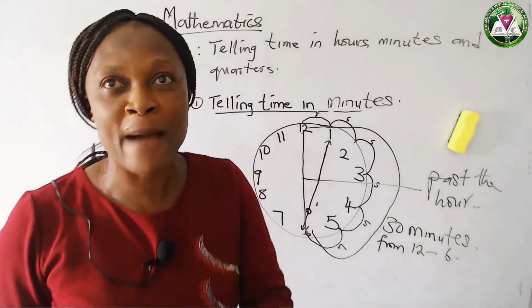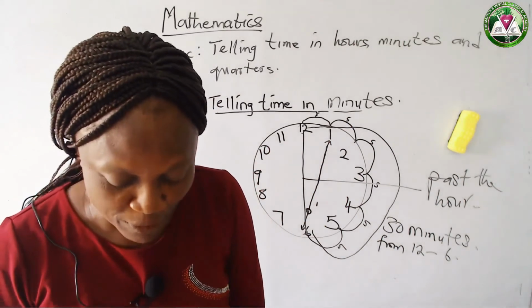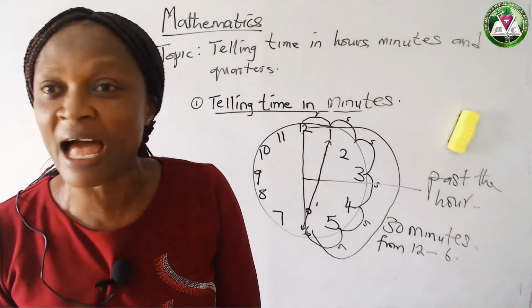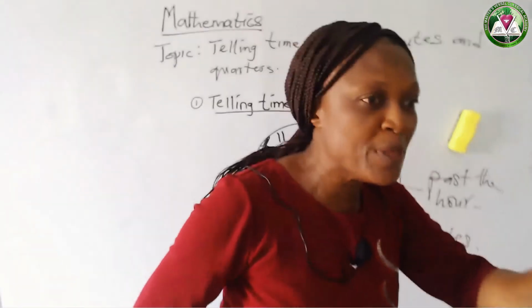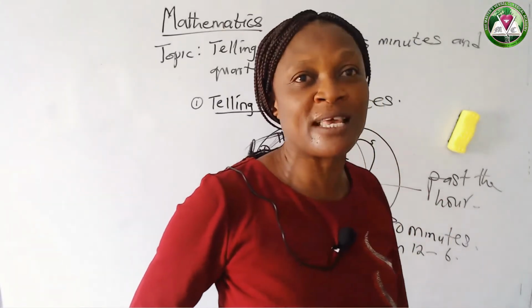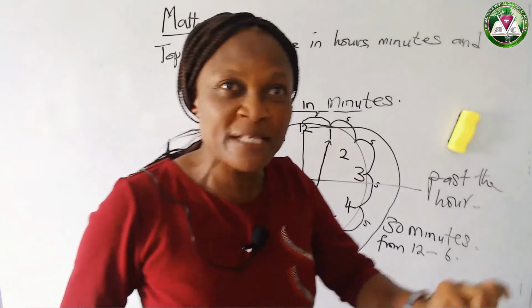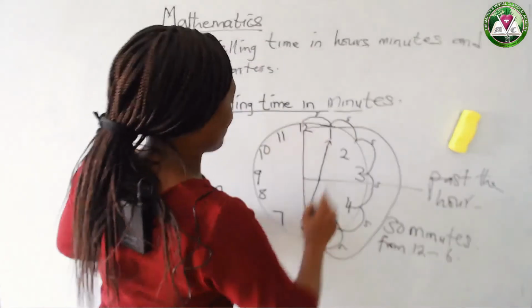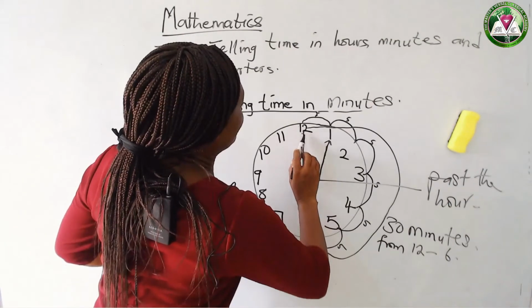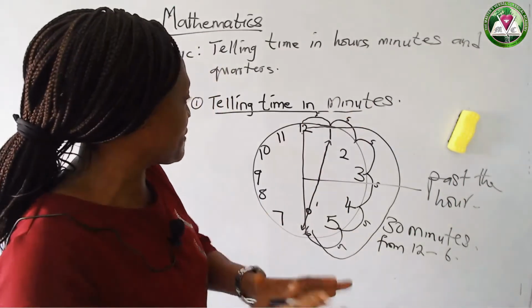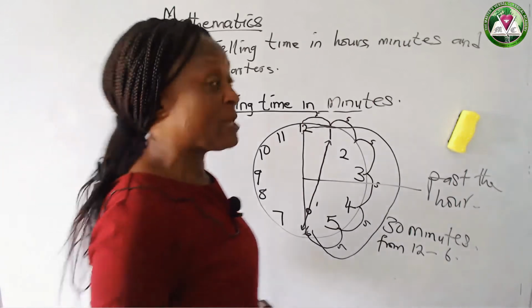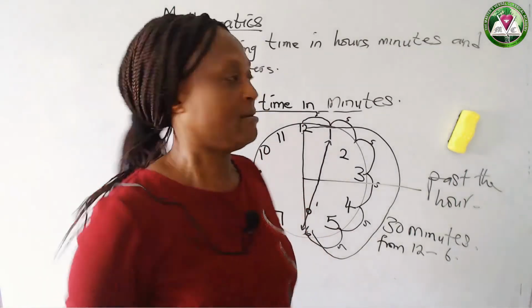Some people say it's 5 after 6. But you better say it is 5 minutes past 6. Don't say it's 5 after. 5 minutes past 6, because 5 has gone out from that 6. That is why it is 5 minutes past 6.